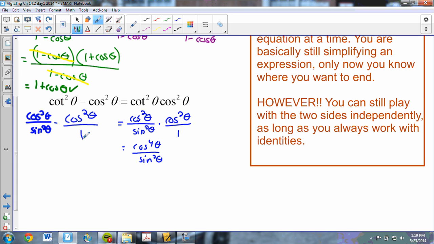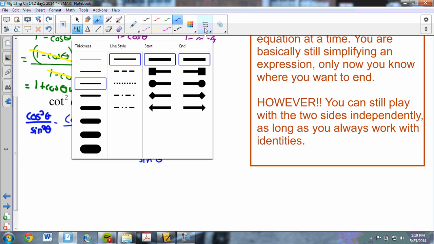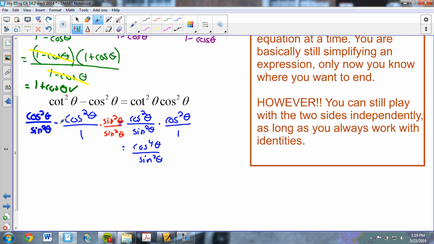Common denominators. So I'll multiply by sine squared over sine squared. Now I have cosine squared theta minus cosine squared theta sine squared theta over sine squared theta.